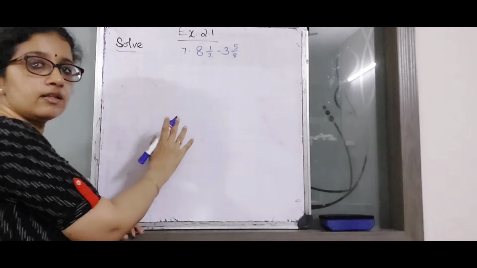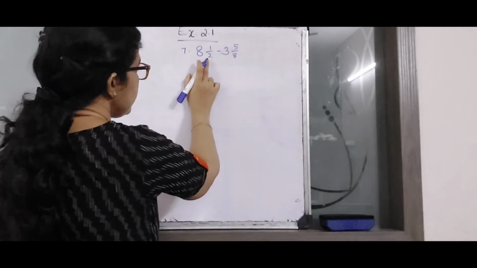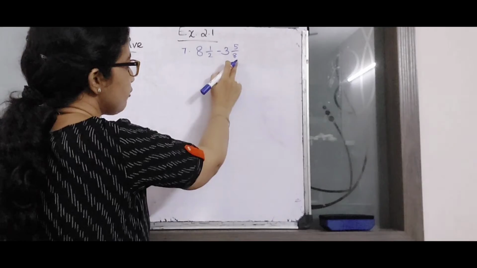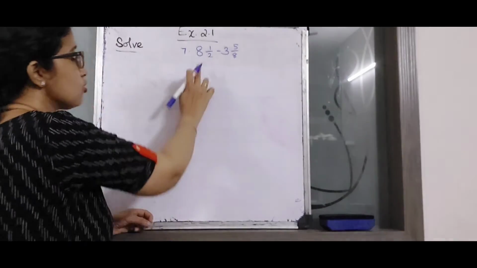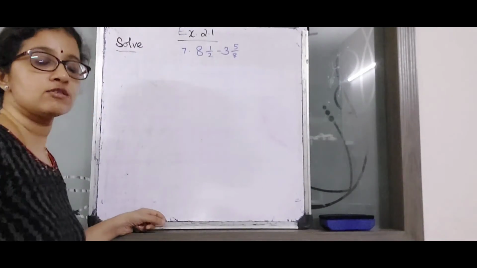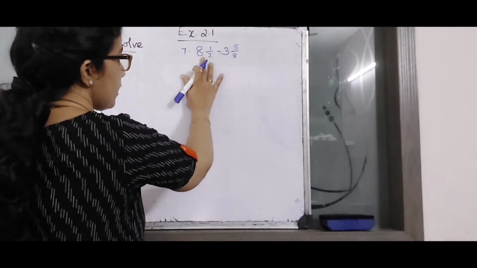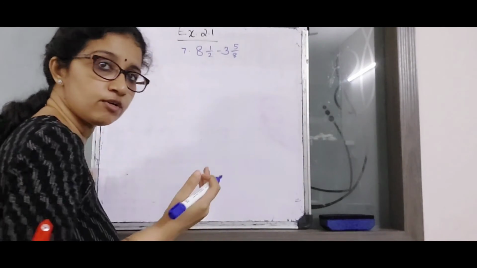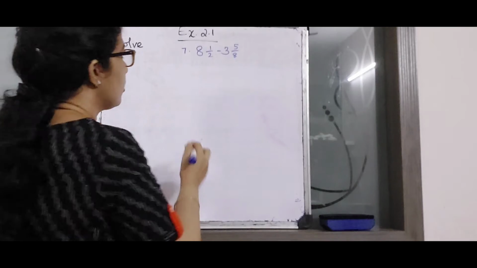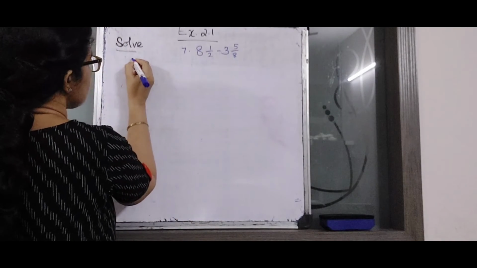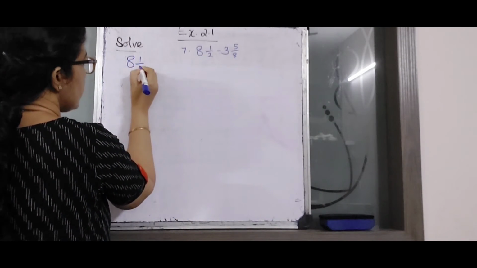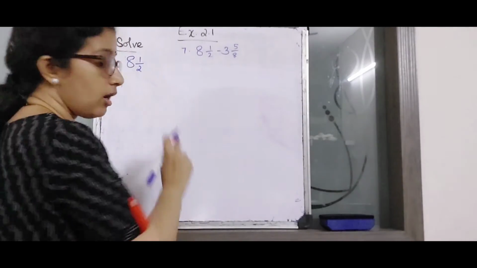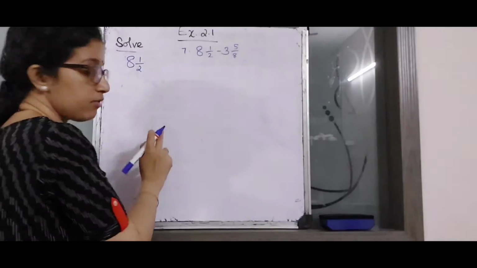Okay. The seventh question is 8 1 by 2 minus 3 5 by 8. Okay, here also both are mixed fractions. So obviously we have to convert the mixed fractions into improper fractions before solving the problem. Okay, so let's take the first term, 8 1 by 2. How will we convert this into an improper fraction?